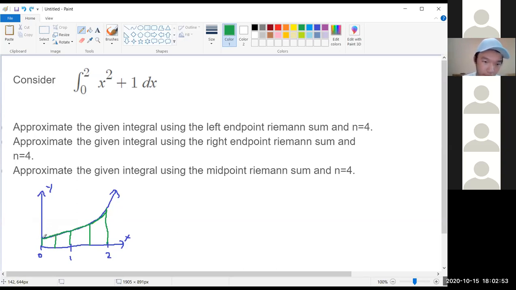So starting from the left side, I'm going to draw a straight line like this, and I'll do that for all the rectangles. There's your rectangles based off of left endpoint. What we want to do is find the area of all those rectangles and add it together.